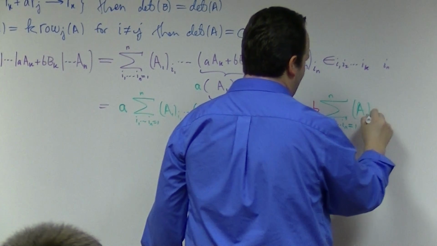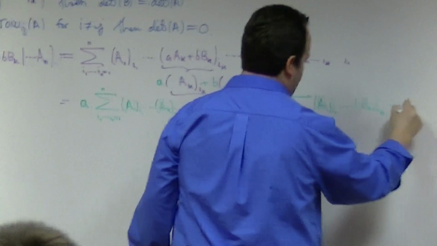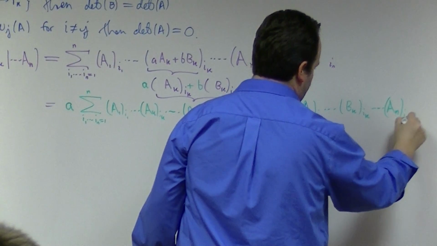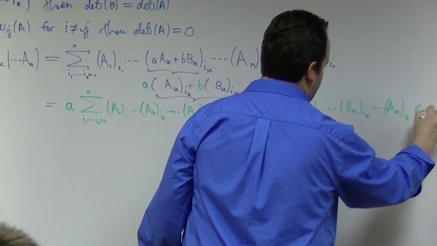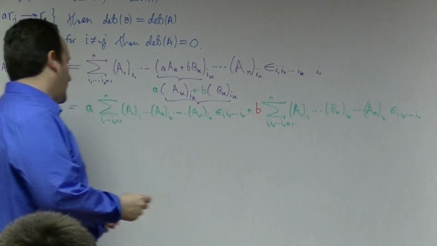A1, i1, b k, i sub k, and the epsilon symbol, I keep forgetting it, i1, i2, in. Okay, but what is that?